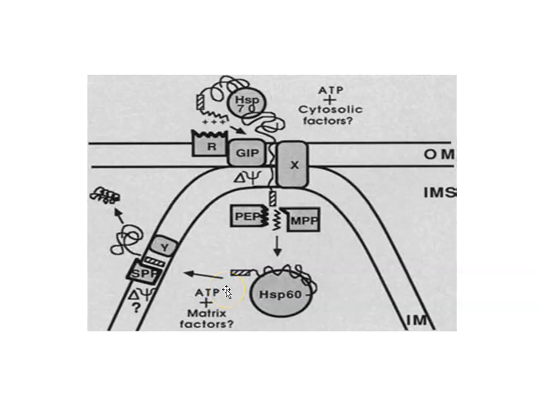In the case of cytochrome B2, HSP60 and maybe additional factors stabilize the processing intermediate for the export step. So export across the inner membrane occurs via a putative machinery, this Y. Then a membrane associated signal peptidase, SPP, cleaves the export signal at the outer surface of the inner membrane, right?